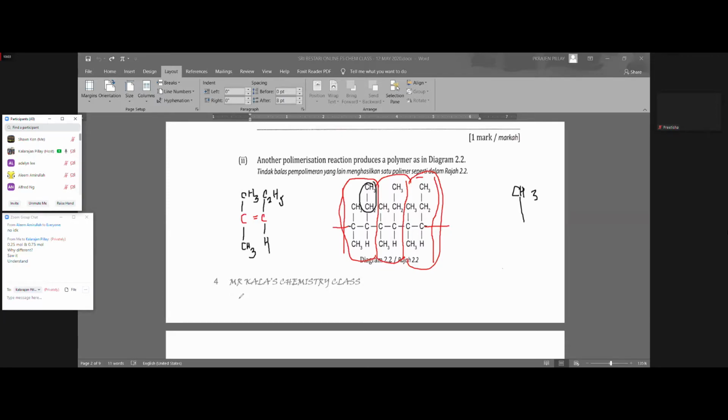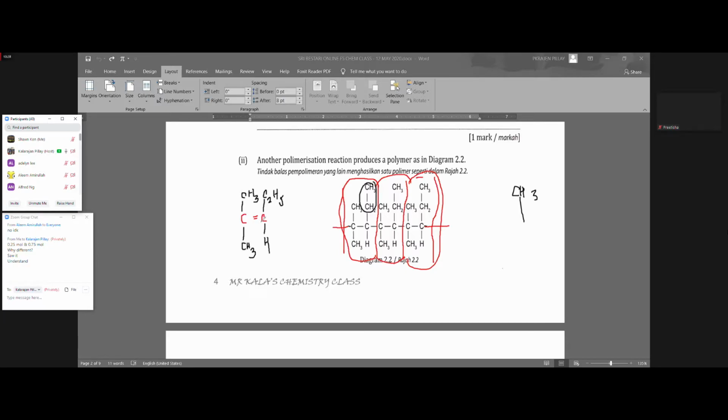You follow me? So they can give you a polymer and ask you to draw the monomer. The monomer must have, it's an alkene actually, a double bond there. Is that okay now? So don't panic. It's just application of what we have learned. We did polymerization of ethene to become polyethene.